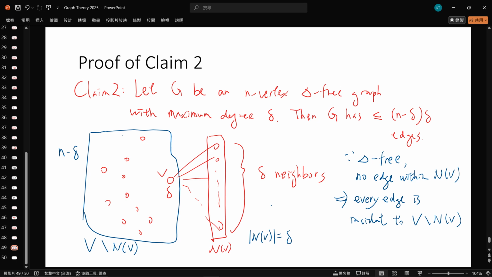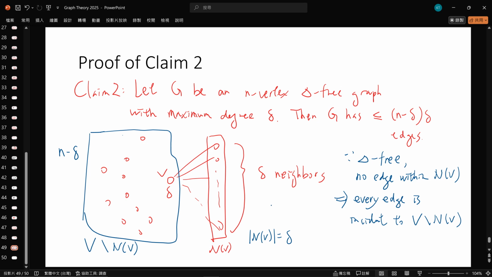okay? So in the blue set, yeah, if we make each vertex in the blue set the maximum degree delta, right, which means in the blue set they are maximum and they are identical to V, vertex V. So there are n minus delta vertices. So there are n minus delta times delta edges.